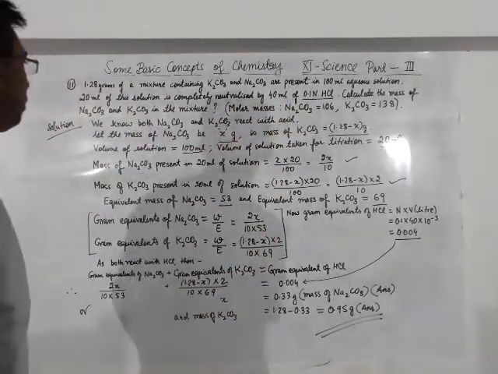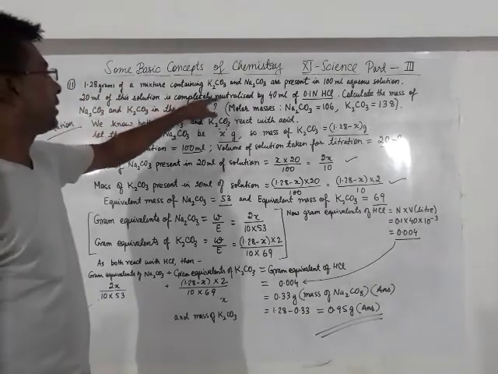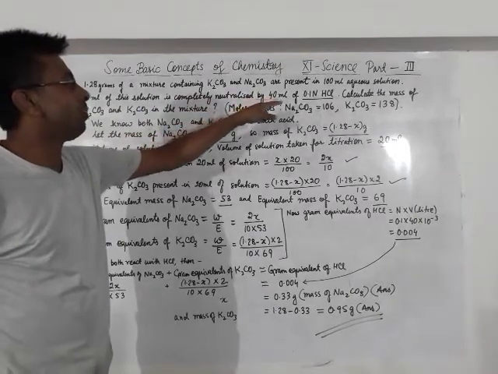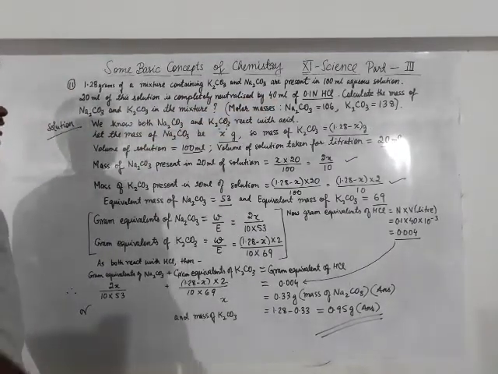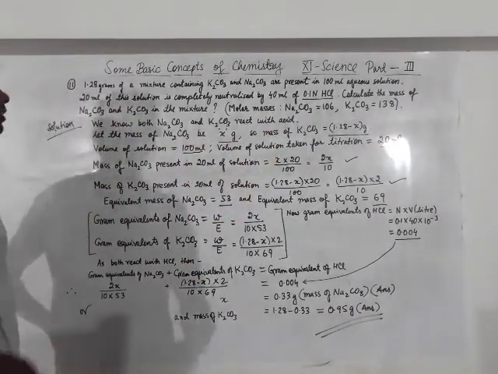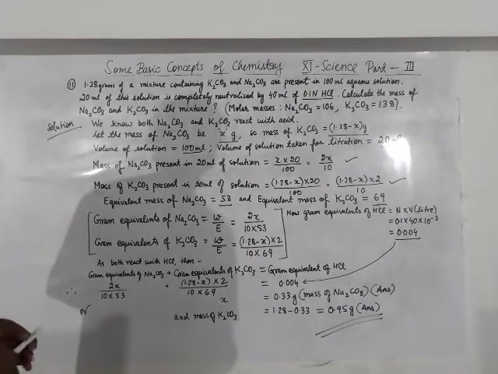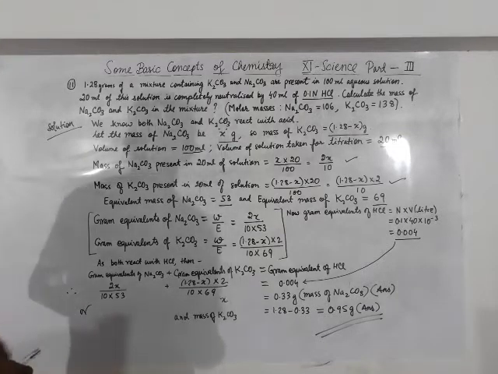Now they are telling us to calculate the mass of sodium carbonate and potassium carbonate in the mixture. The molar masses are given. Sodium carbonate is 106, potassium carbonate is 138.